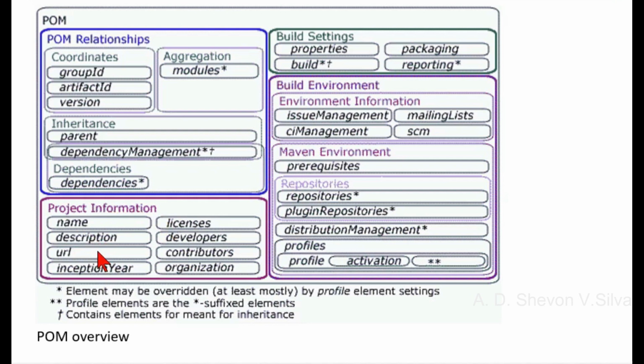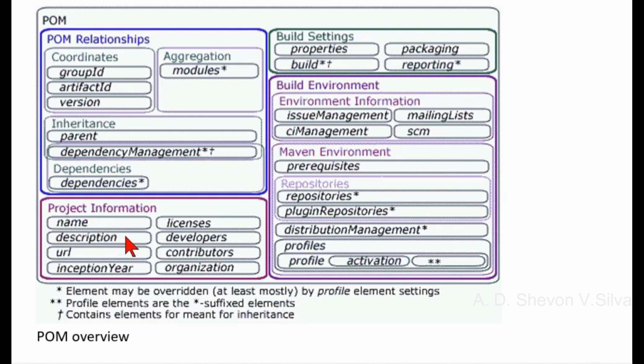Name. Projects tend to have conventional names beyond the artifact ID. The Sun engineers did not refer to their project as Java-1.5, but rather just called it Tiger. Here is where to set that value.